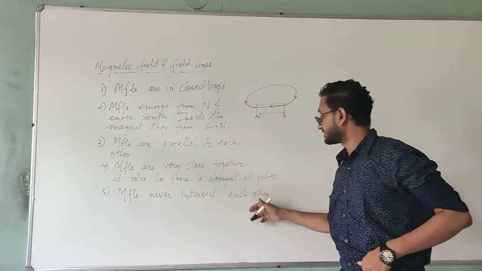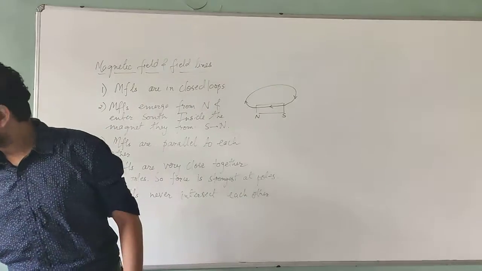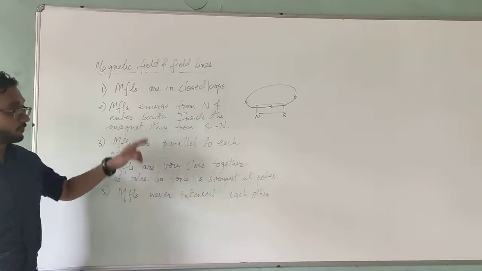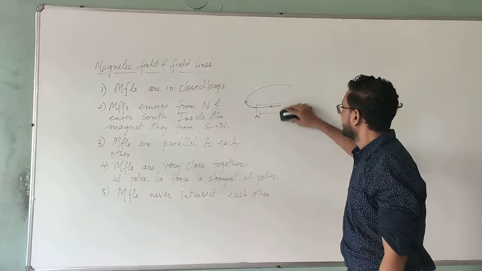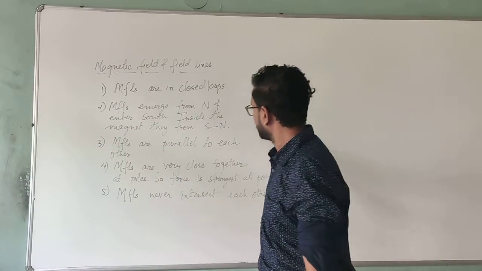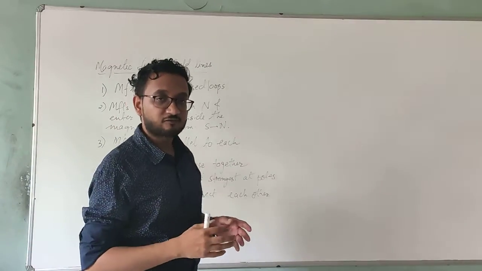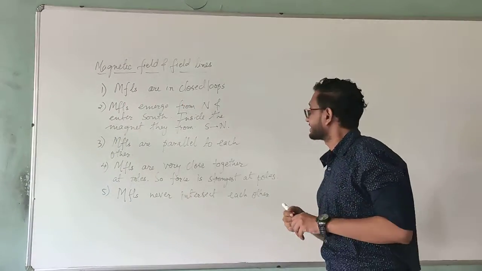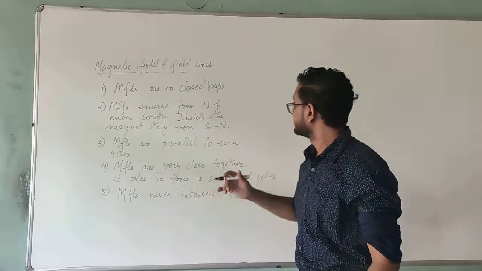This is the most important point out of all of these, because this last point is often asked in the form of give scientific reason or explain why magnetic field lines never intersect each other. So for this we will also have to understand why they do not intersect. They will get crowded and very close together, but they will never intersect each other.